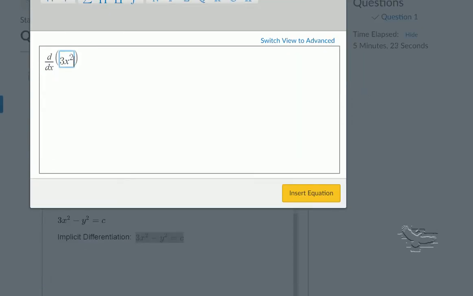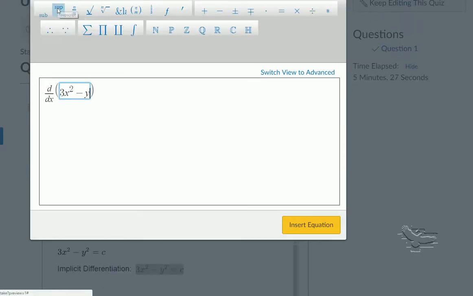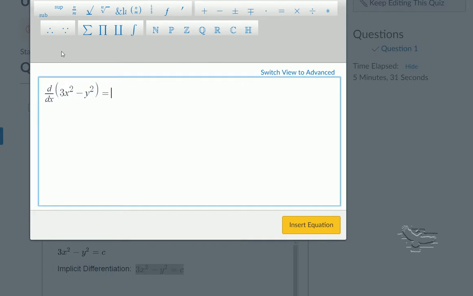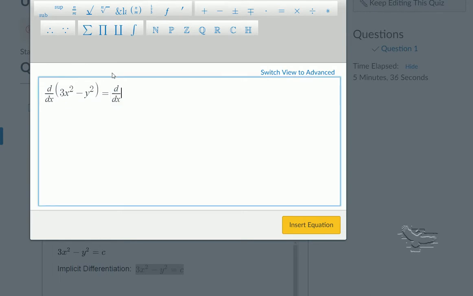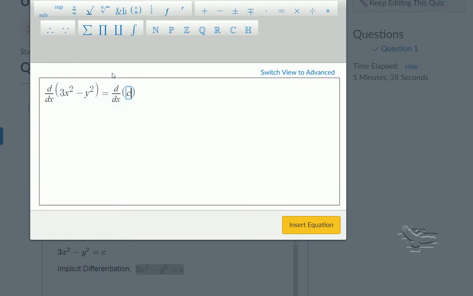And then minus y squared. Then equals my derivative with respect to x on the right side, which is c.